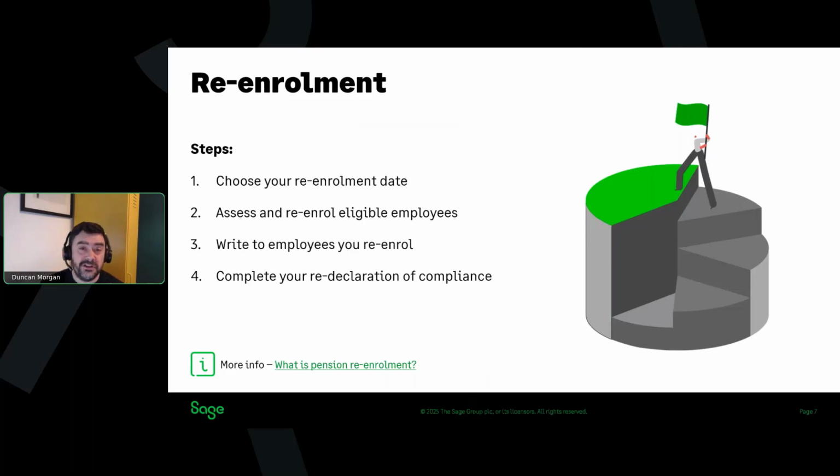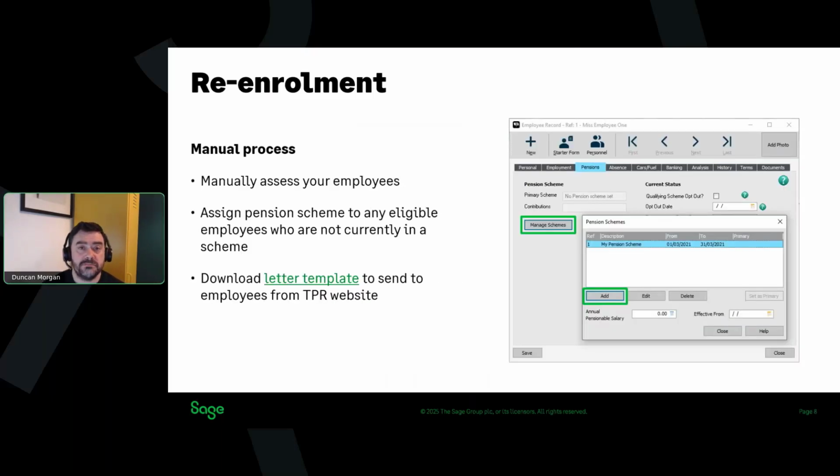Now, for any pensions module users, the re-enrolment functionality is built in to the pension assessment, and you're going to see that in action a little bit later on in the webinar. If you don't use our pensions module, you'd need to complete your re-enrolment manually. And what this means within Payroll is that you would do a manual assessment.